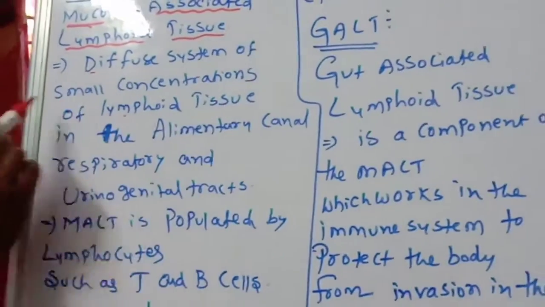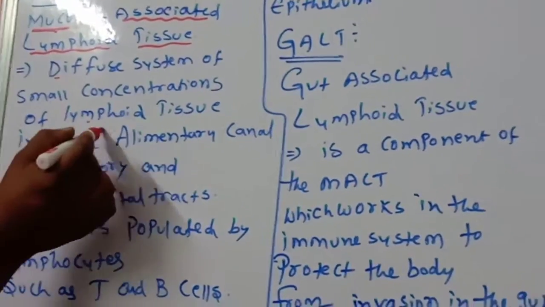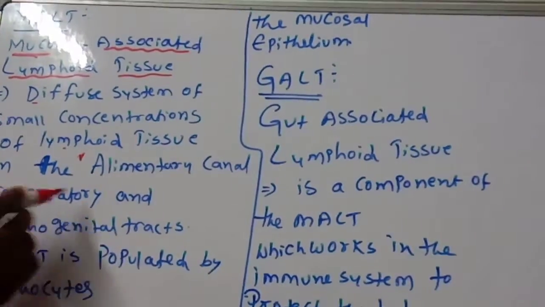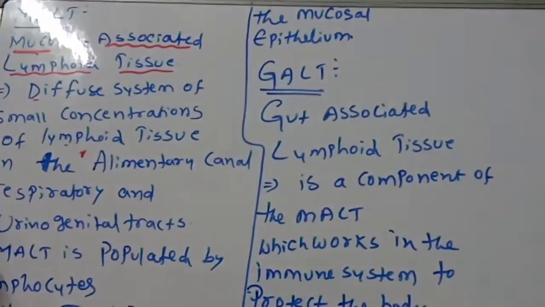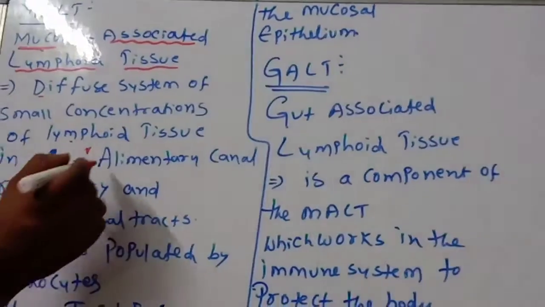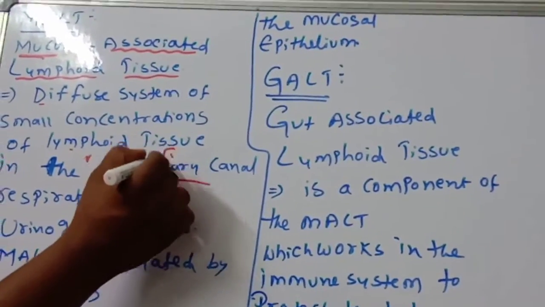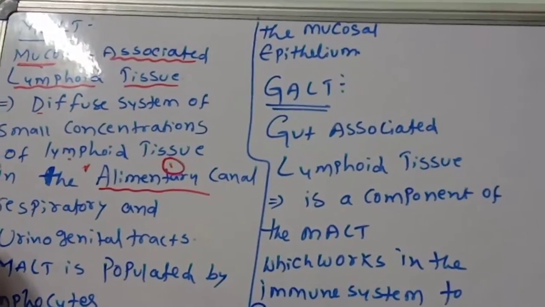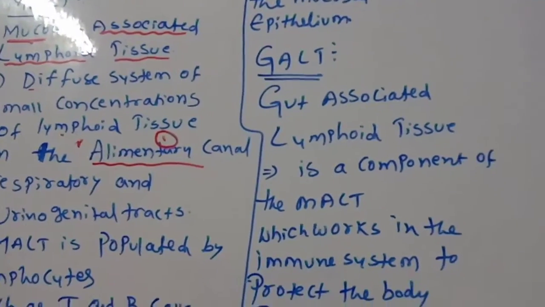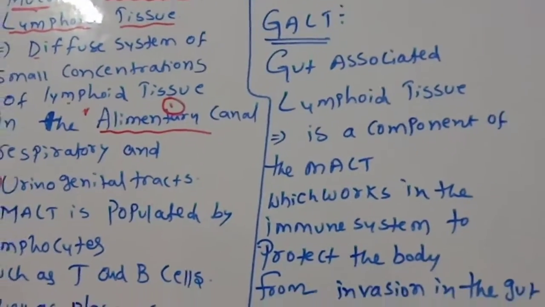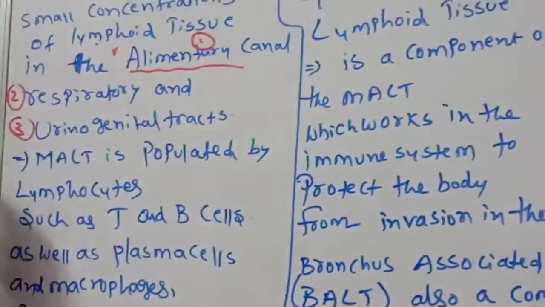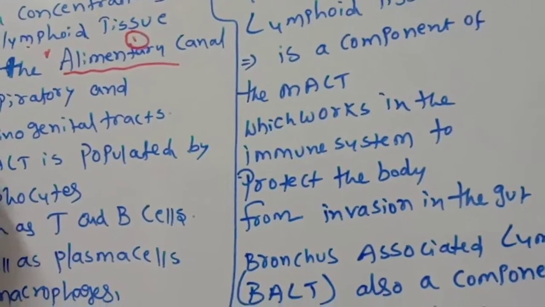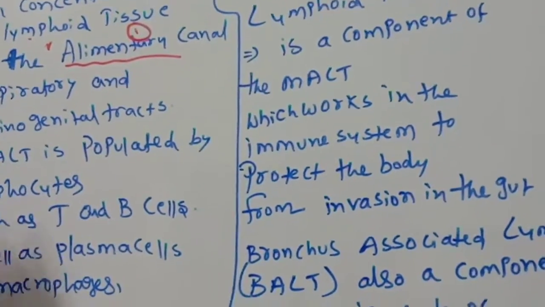Where is it present? First one, alimentary canal. Second one, respiratory. Third one, urinogenital tract.